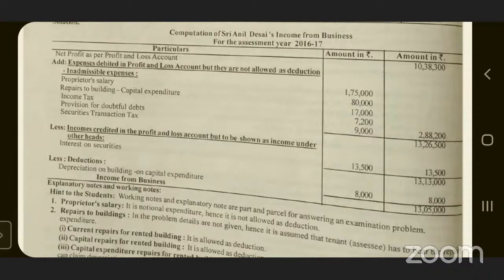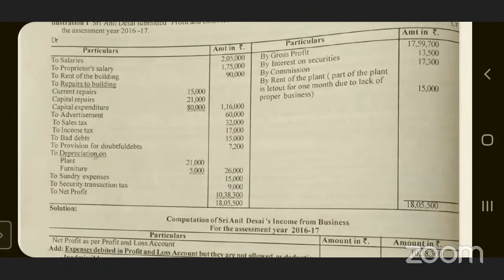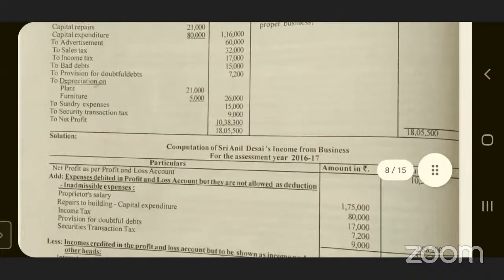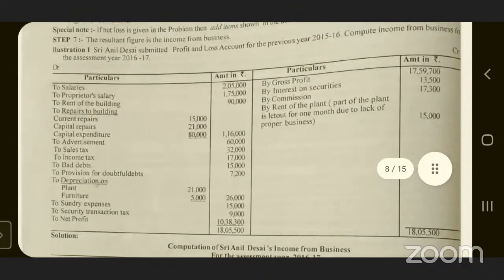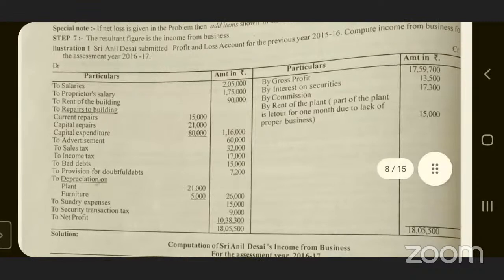So we adjusted the depreciation also, which is in capital nature. Usually, depreciation needs to be charged every year as a revenue expenditure.